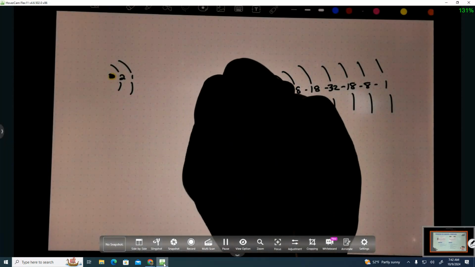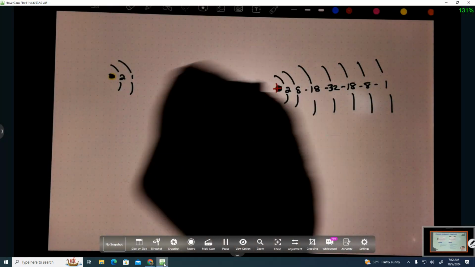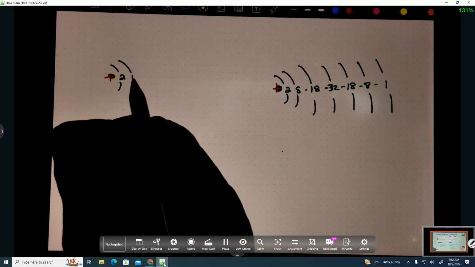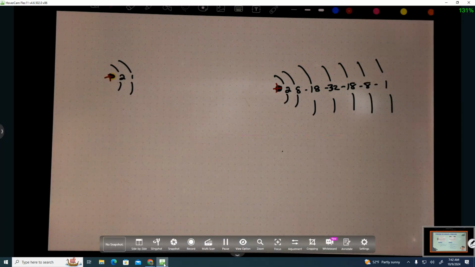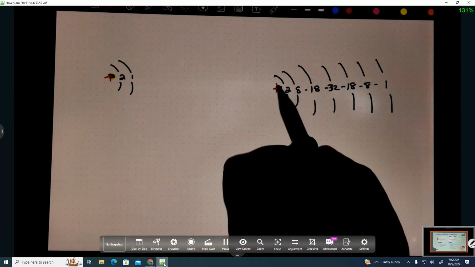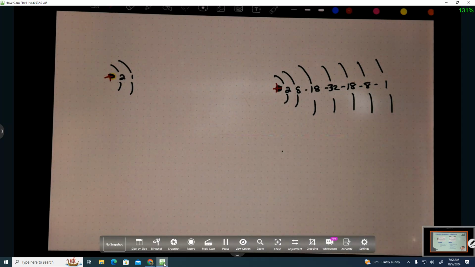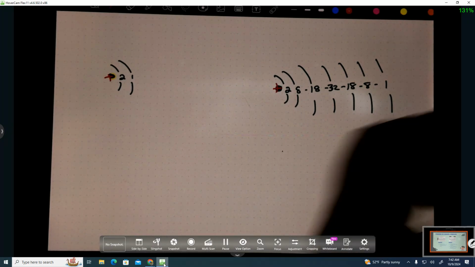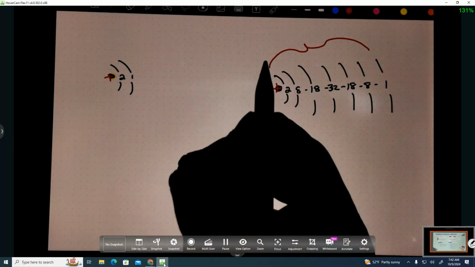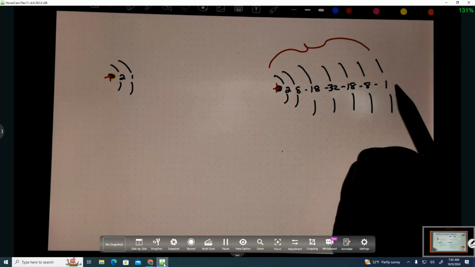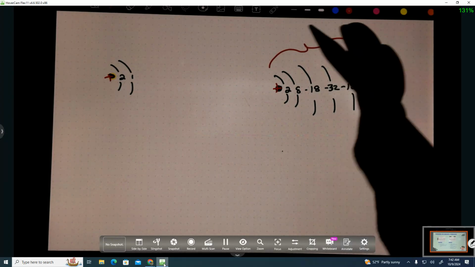Now, here are all the positives. They're in here. This electron is being held on by that positive. This electron is also being held on by that positive. However, all these electrons that are in here are shielding this last electron. They're like covering it.